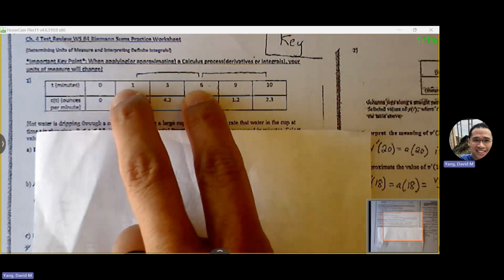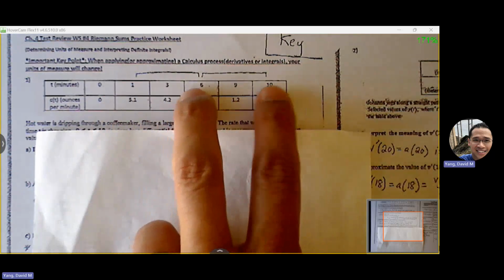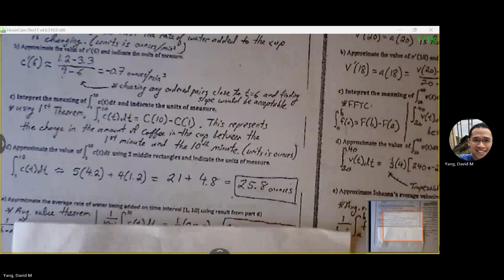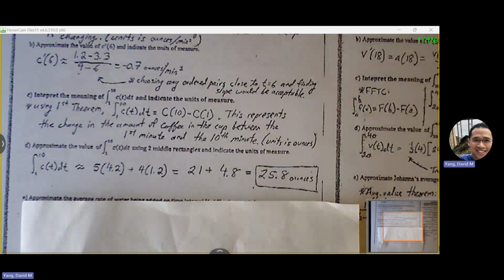So here, 6 minus 1 is 5, so 5 times 4.2, and then 10 minus 6 is 4, 4 times 1.2. So our approximation is that over the time period from the 1st to the 10th minute, 25.8 ounces have been added to the cup, because we're taking all these ounces per minute and accumulating them over the period of 9 minutes.